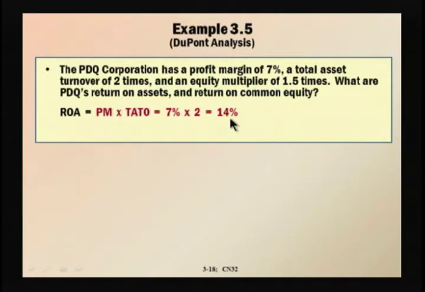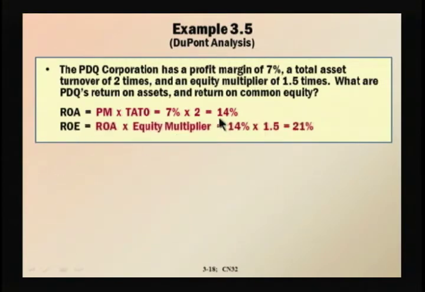For the return on equity, we'll take that equity multiplier. It's the third term in the DuPont decomposition, so we can multiply all 3, profit margin, total asset turnover, and equity multiplier together to get the ROE, or we can simply take that ROA and multiply it by that equity multiplier and see that the firm is producing a 21% return on the equity that the shareholders have invested inside the firm.